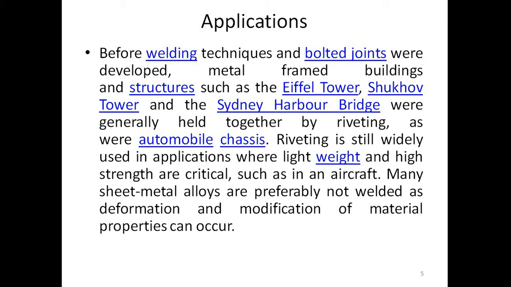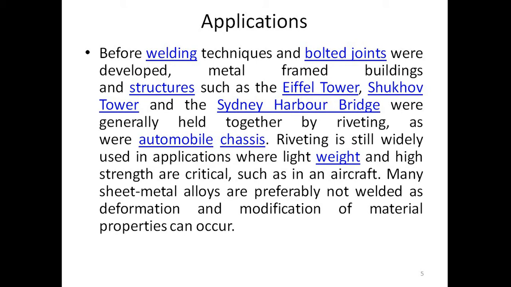Before welding technique or bolted joint, we already studied that bolted joint may be bolt, screw or stud. Before bolted joint or welding joint was developed, the screw fasteners were used in various applications. Eiffel Tower and Sydney Harbour Bridge are the various applications where riveting is used. Again, it is used in automobile chassis.